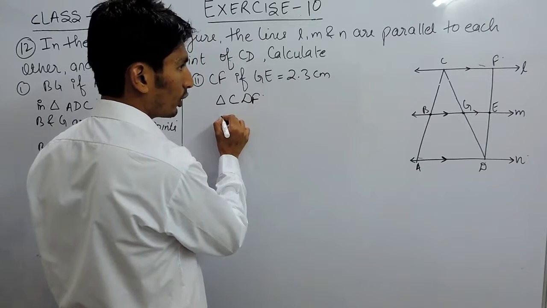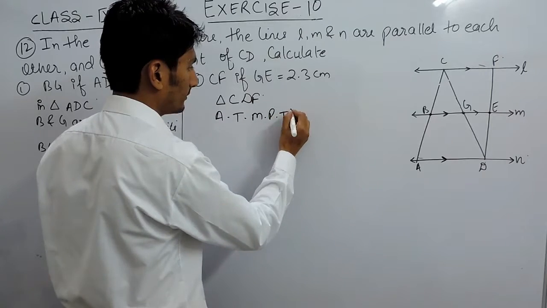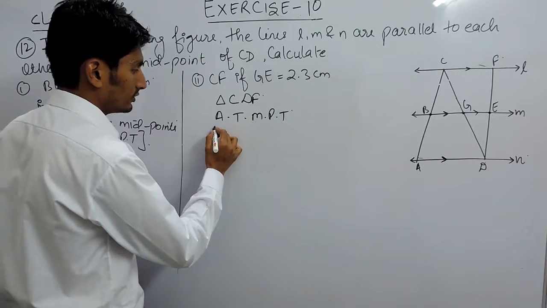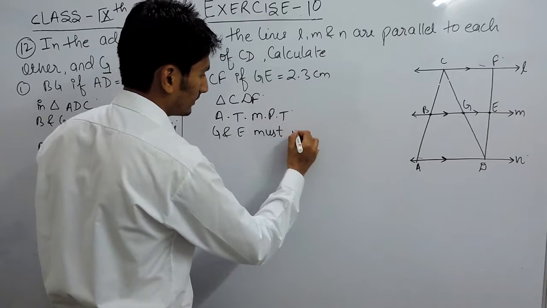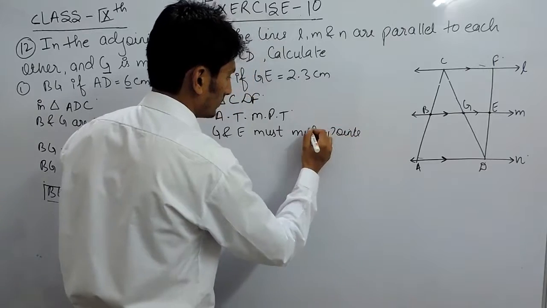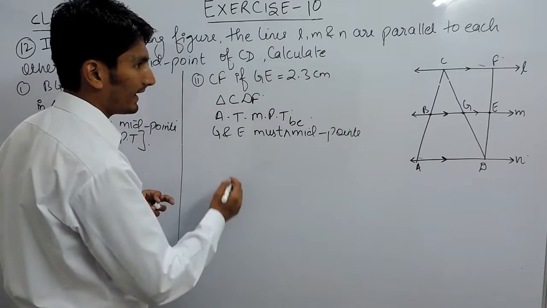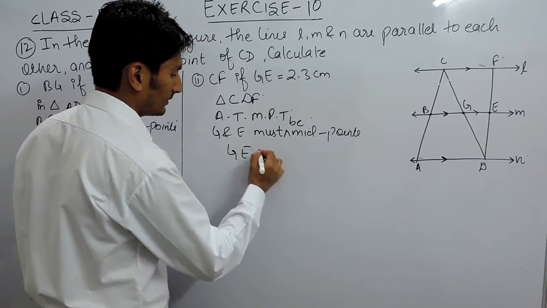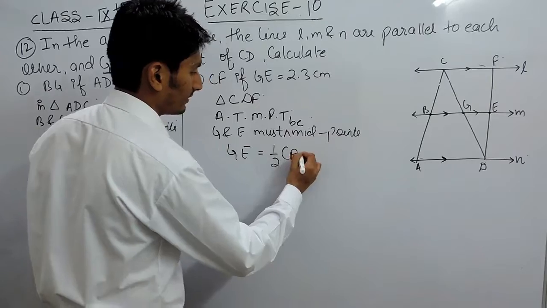So according to the midpoint theorem, G and E must be the midpoints, and GE must be equal to half of CF.